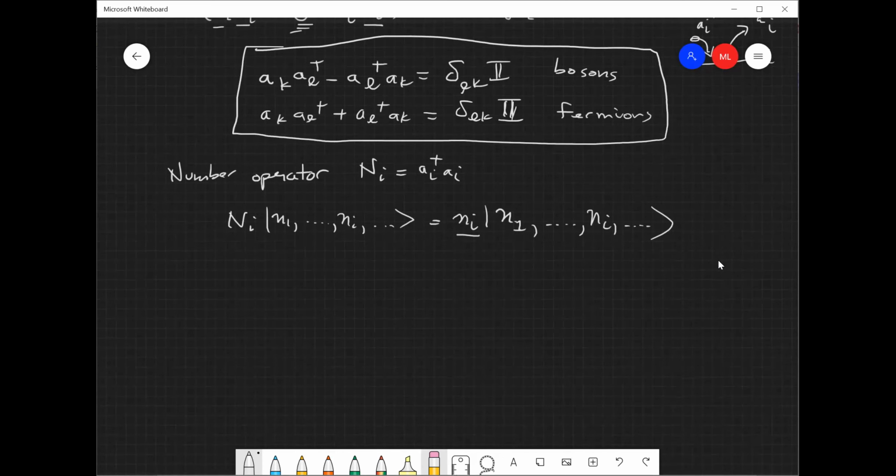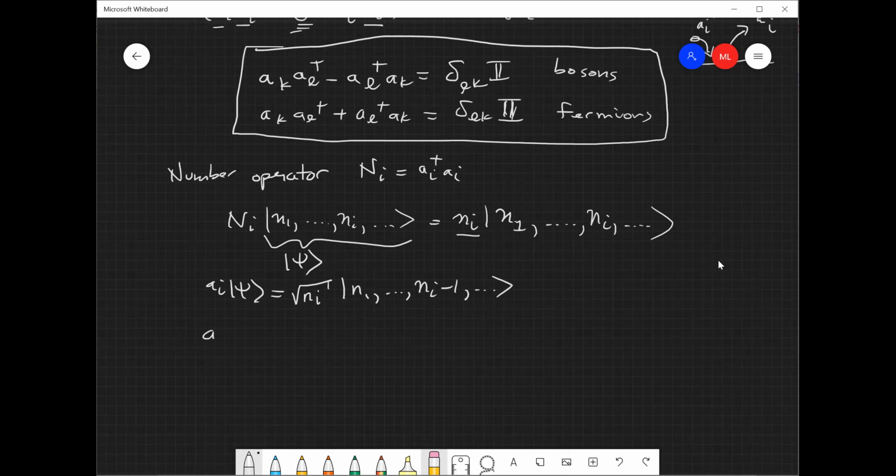Okay, so you have the number operator. You can also get the normalizations of these operators in a similar way as the harmonic oscillator. They're exactly the same. So if you have a_I acting on one of these occupation number states, which I'll call big psi, then the normalization is the square root of n_I for the annihilation operator.